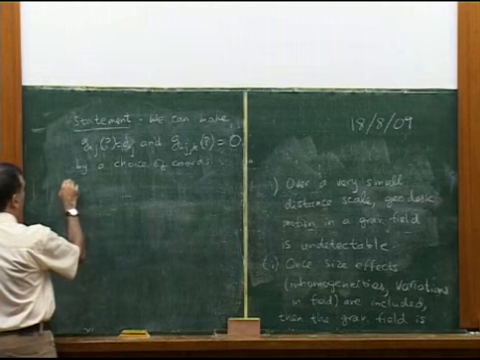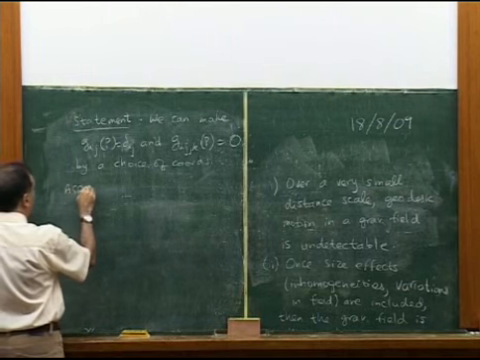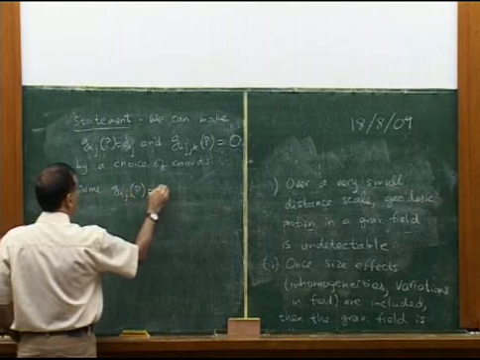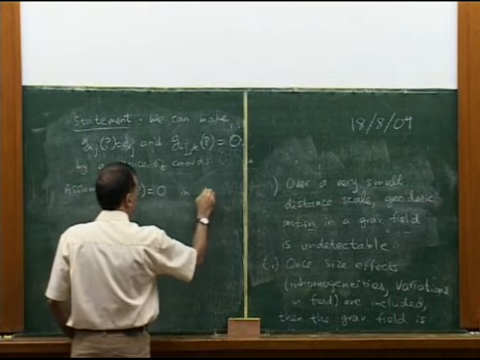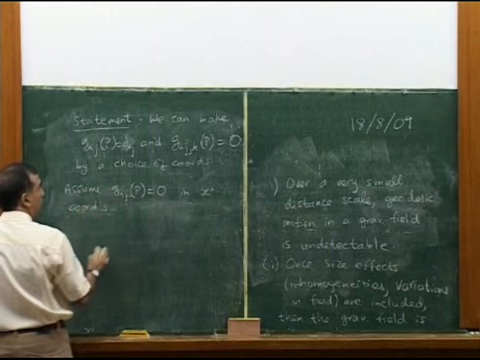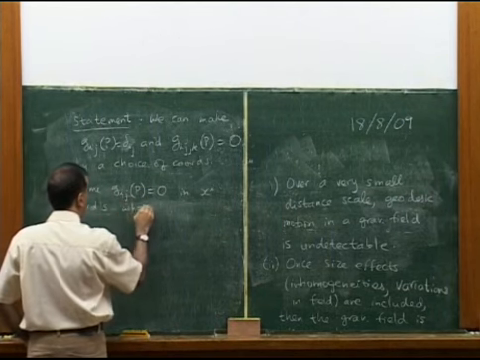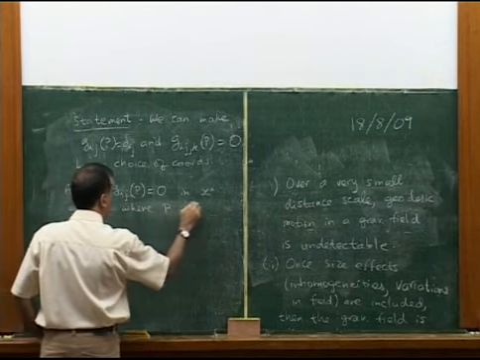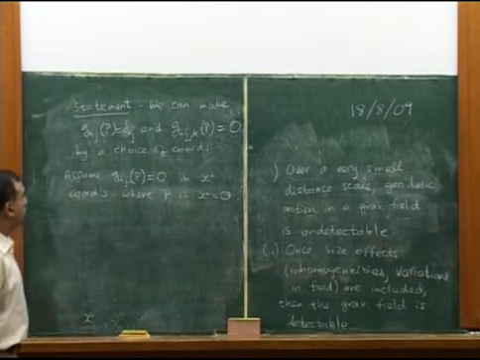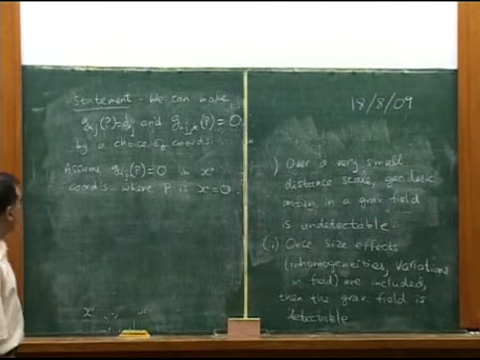So assume Gij at P equals delta ij in the xi coordinates where P is xi equals 0. So we need to prove the second thing.